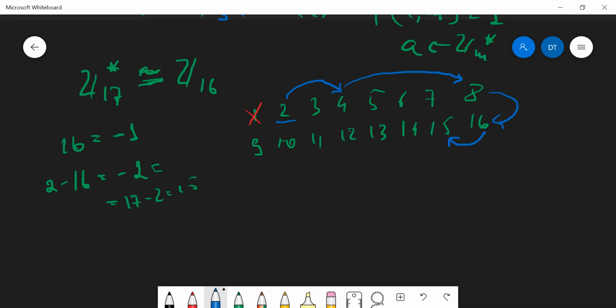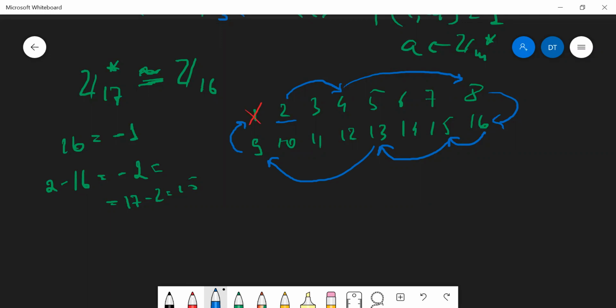Now, if we multiply it by 2, we get -4, which is 13. If we multiply it again by 2, we get -8, which is 9. And if we multiply -8 by 2, we get -16. But since 16 is -1, we get 1.